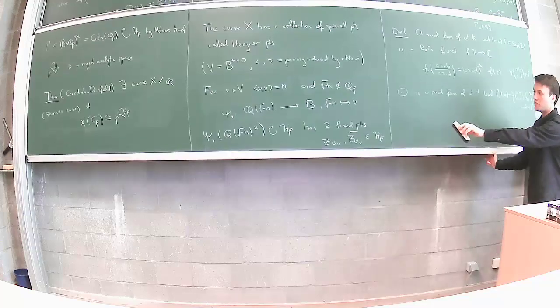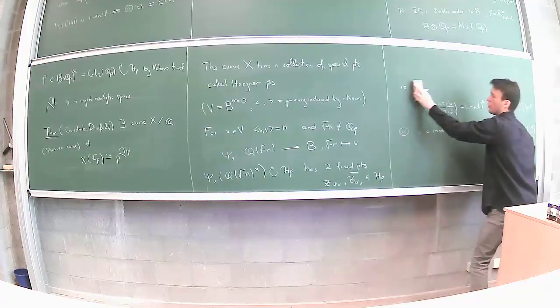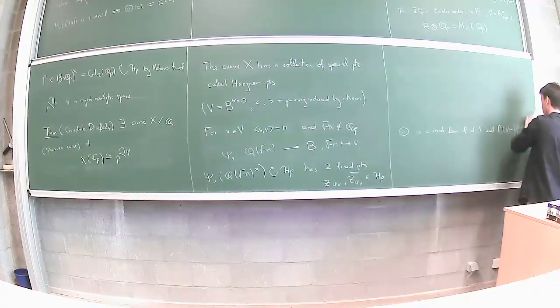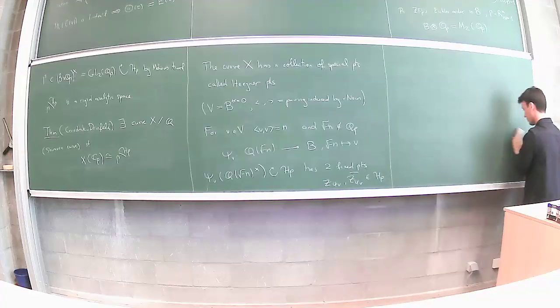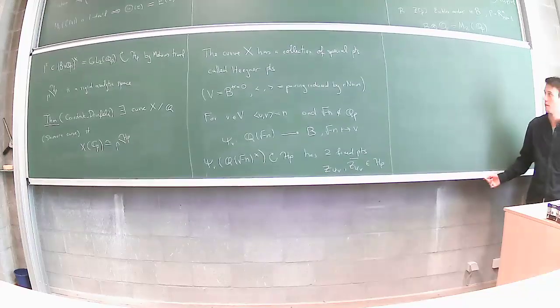I'll discuss this in a moment, but I think it's better if now I define what the Heegner point is, because we're so close. Because a Heegner point is simply a point that is obtained this way.